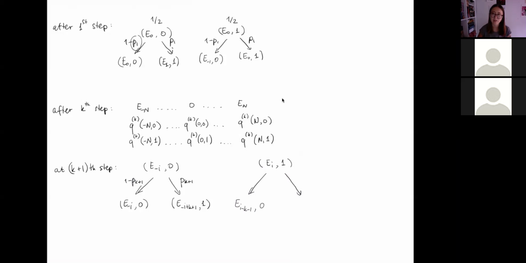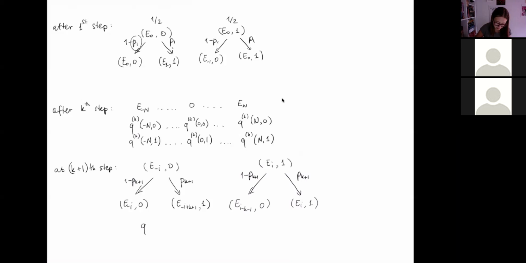So that's why I minus k minus 1. And if it lowers the energy, it does it with the probability with which the heat bath qubit is in the ground state, which is 1 minus pk plus 1. This is pk plus 1.